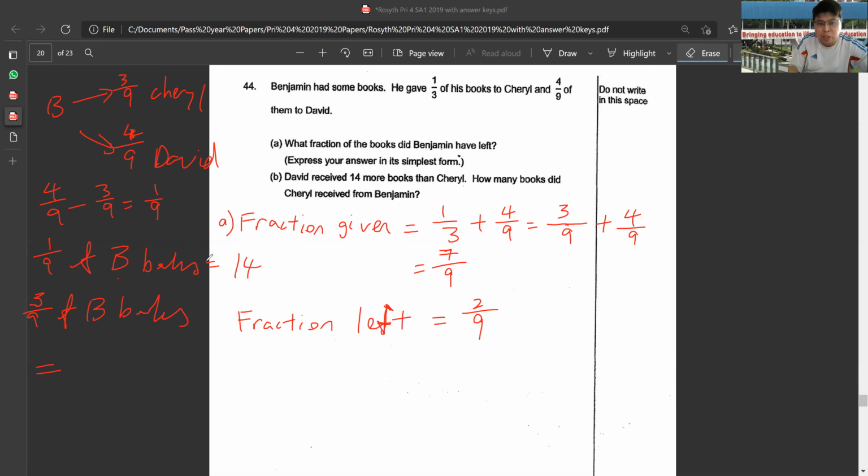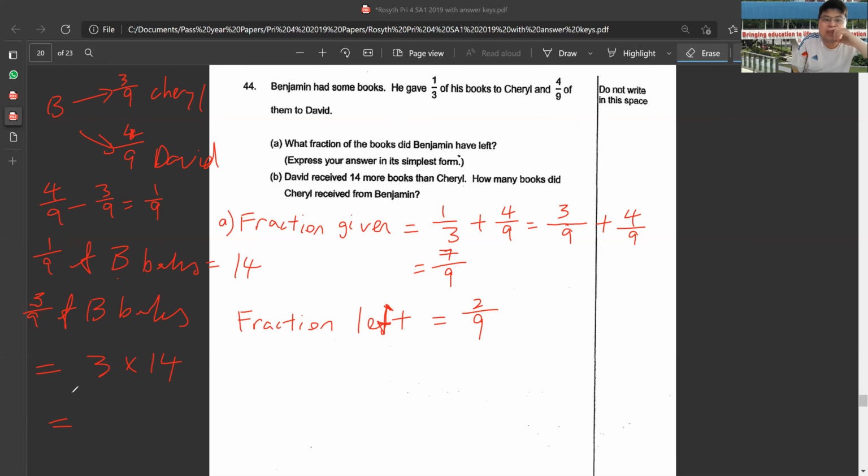1 over 9 of Benjamin's books is 14. So 3 over 9 of Benjamin's books is, let's say, 1 unit is 14, 3 units is how many? No, not 6 over 9. 3 times 14.